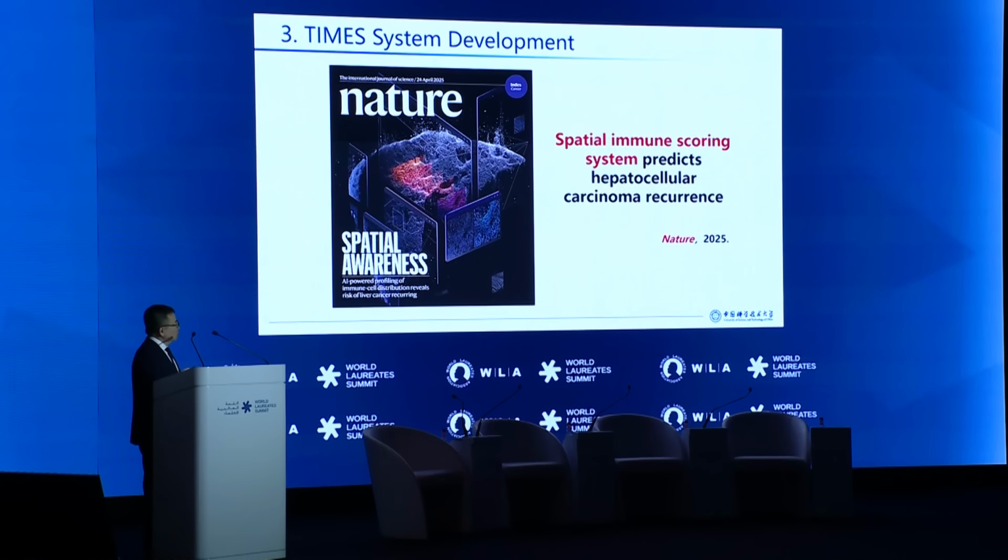And this is what we had done on how to increase the response to immunotherapy. But for recurrence, it's also a high risk for the patients. So we built a spatial immunoscore system to predict hepatocellular carcinoma recurrence, published as a cover paper in Nature.